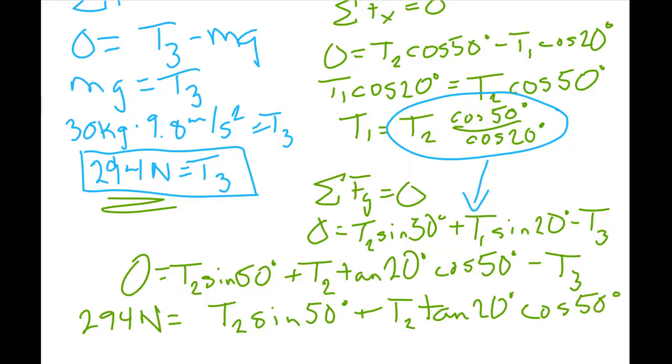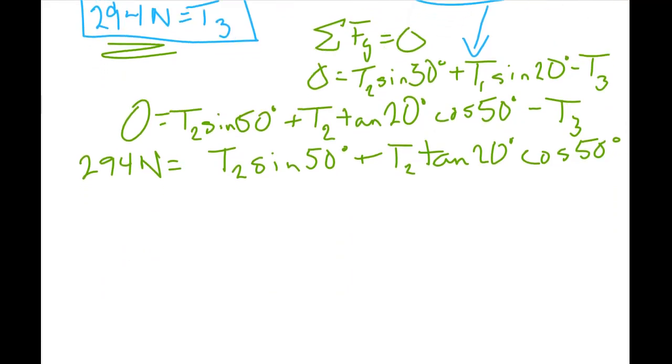So now I just need to plug in for my sine of 50, tangent of 20, cosine of 50, plug it in my calculator and solve for T2. Make sure your calculator is in degree mode because otherwise you will get a wrong answer. And you actually end up finding out that sine of 50 plus tangent of 20 times cosine of 50 is 1. So that means that T2 is also 294 newtons.